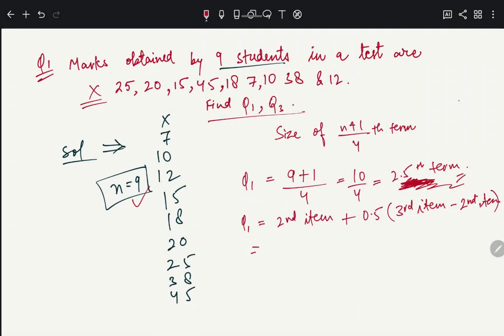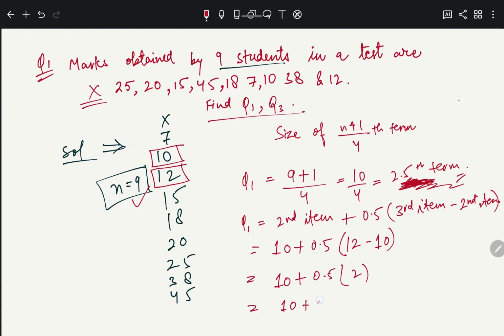So what is our second item? Our second item is 10 here. 10 plus 0.5 into, what is our third item? Our third item is 12. 12 minus 10. So our answer will be 10 plus 1 is equal to 11. So 11 is our Q1.